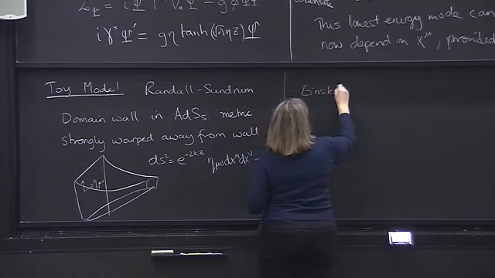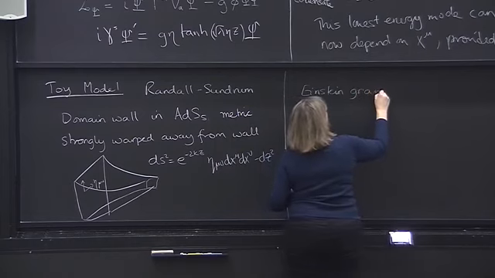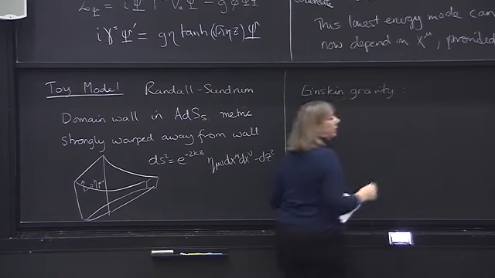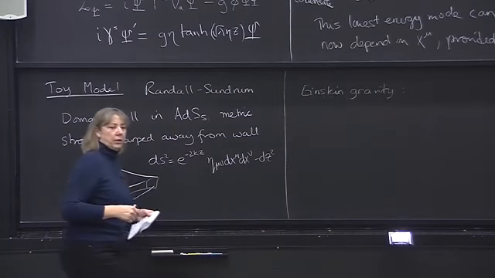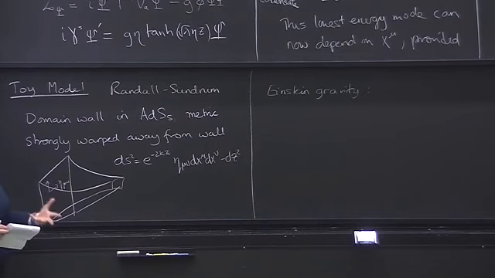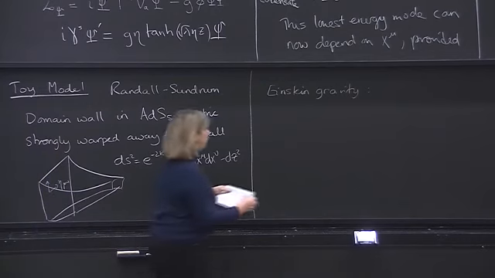So rather like we did in the Kaluza-Klein theory, where we reduced a five-dimensional gravitational action to 4D, we're not going to do that quite so explicitly here, but we are going to solve five-dimensional gravity.